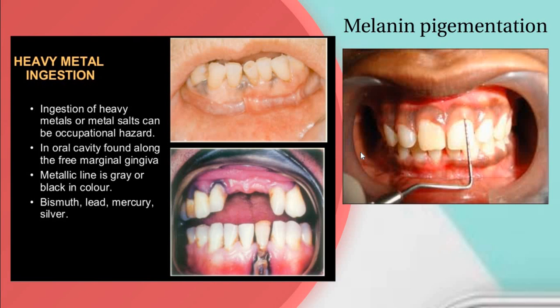We know that the normal color of gingiva is coral pink, and it becomes reddish in inflammatory situations when the vascularization increases and the keratinization decreases, and also vice versa, when the keratinization increases, it looks paler, more fibrotic in nature when you are seeing it. So the color of gingiva may change according to the vascularization and according to the keratinization.